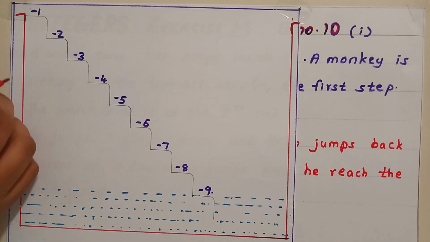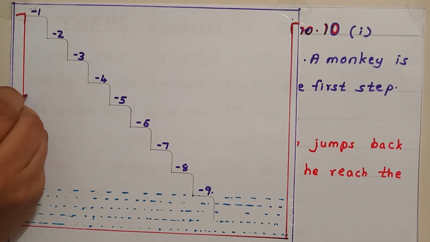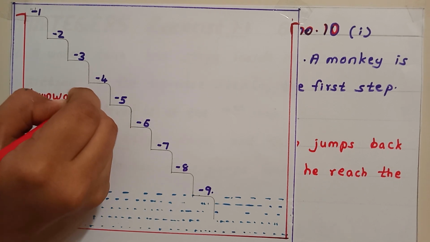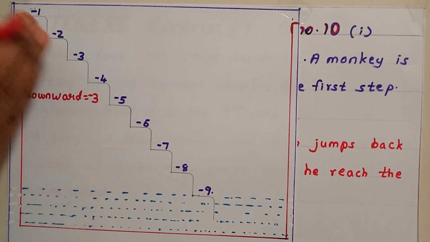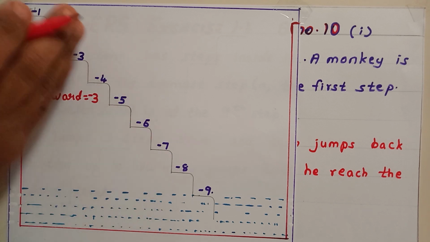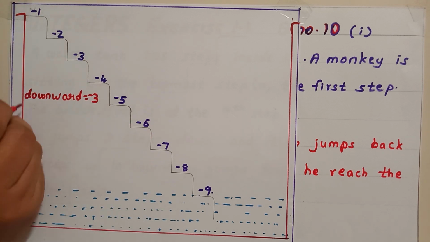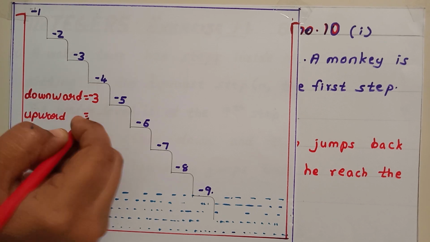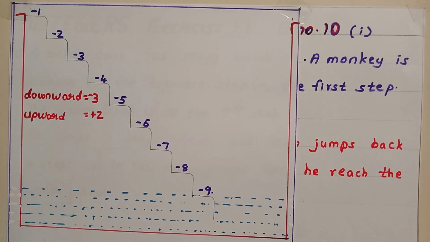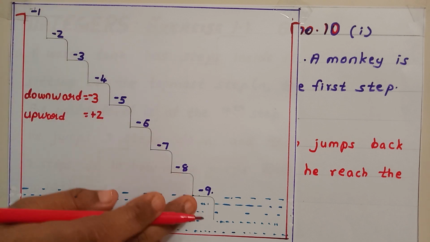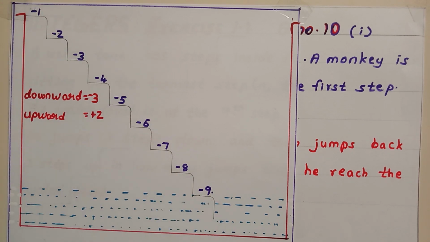Upward jump, he will cover 2 steps, so the upward jump will be marked by +2. We want to find how many jumps are needed to reach -9. We can mark the upward jump by green color and downward jump by red color.